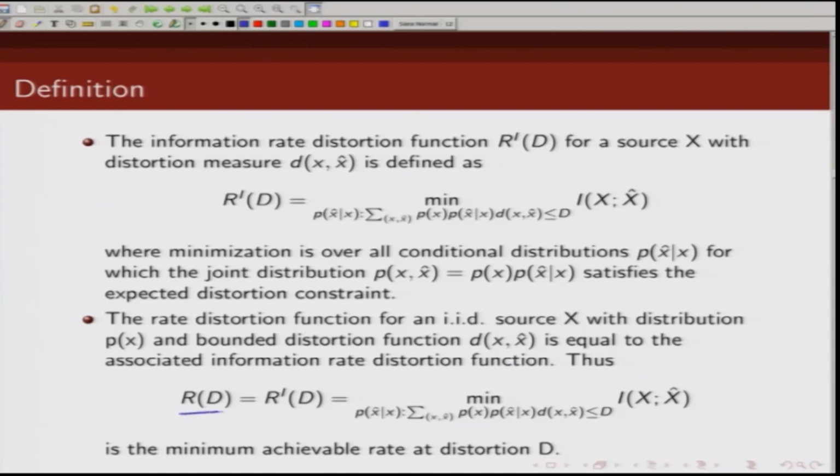In other words, the rate distortion function can be found by minimizing the mutual information between X and X hat, and we do this minimization over all conditional distributions p of x hat given x, such that this joint distribution p of x, x hat satisfies the expected distortion constraint. And this rate distortion function is given by this, and this is the minimum achievable rate for a distortion D.